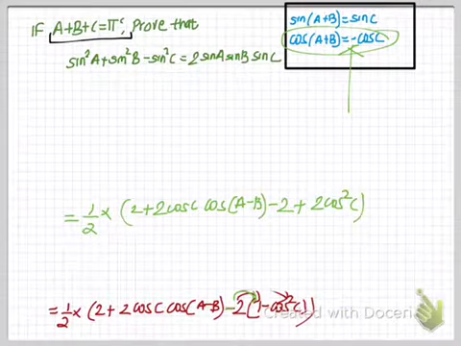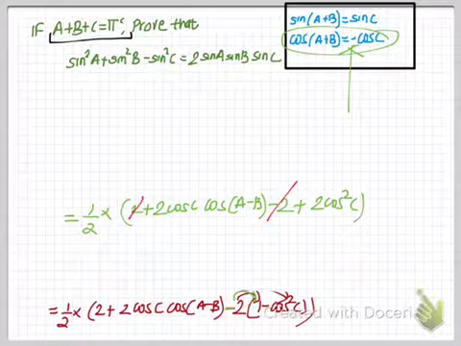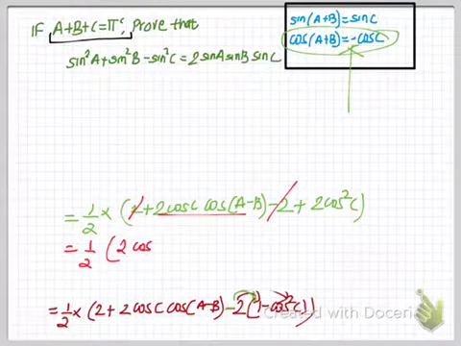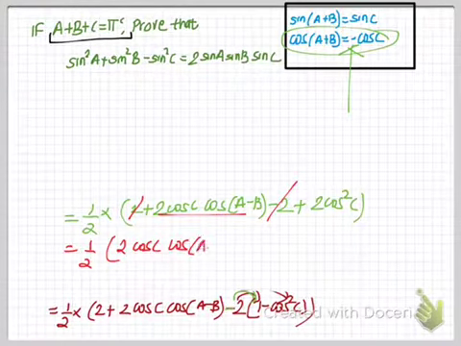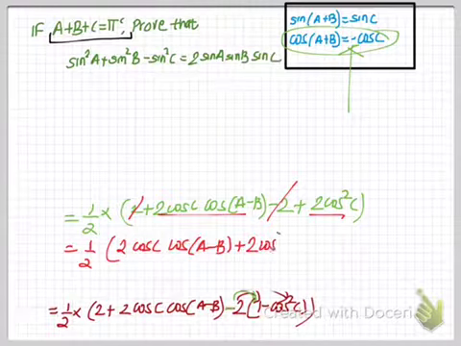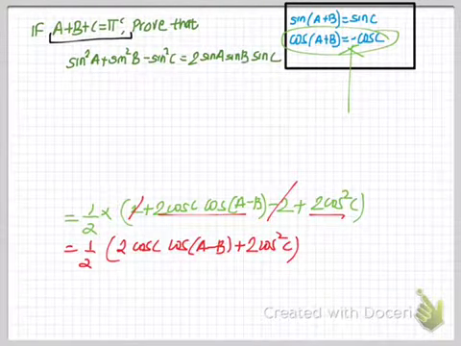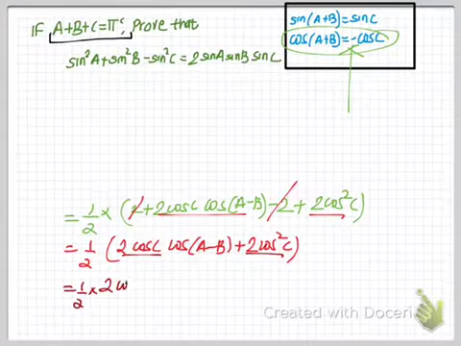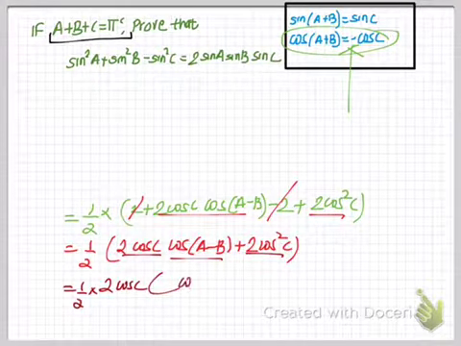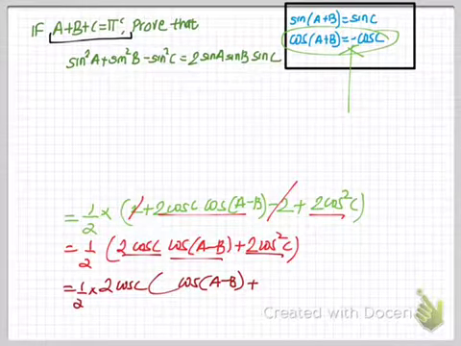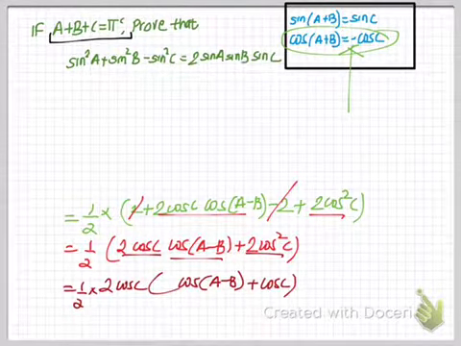Now we can cancel negative 2 and positive 2, and then we have 1 by 2. Here we have 2 cos c dot cos a minus b, and then here we have plus 2 cos squared c. Now let me take 2 cos c common, and then I have cos a minus b here, and then cos c.